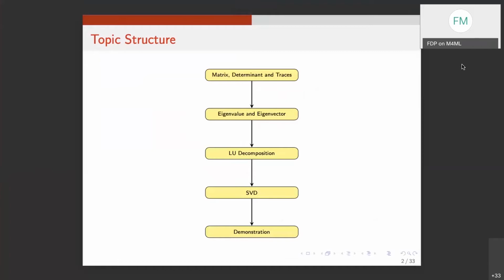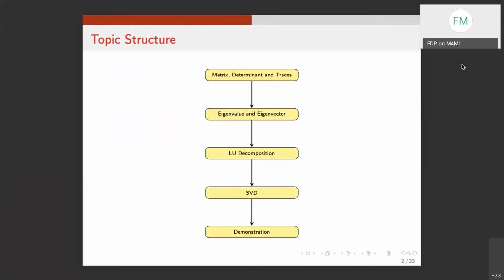Then we'll utilize these eigenvalues and eigenvectors in LU decomposition, and also use SVD. Finally, I'll end up demonstrating the implementation of these eigenvalues and also SVD. I have four examples to demonstrate.